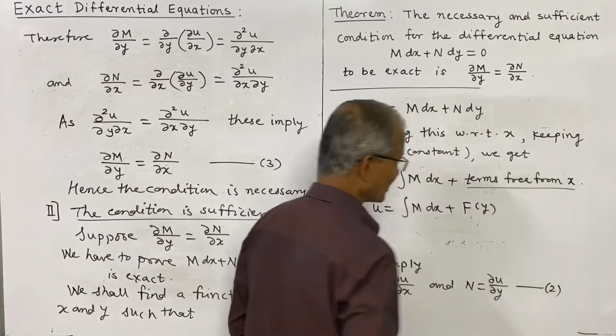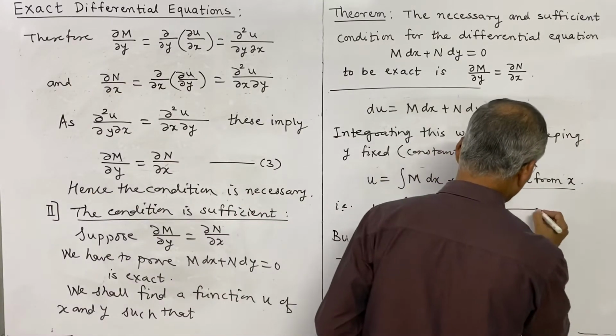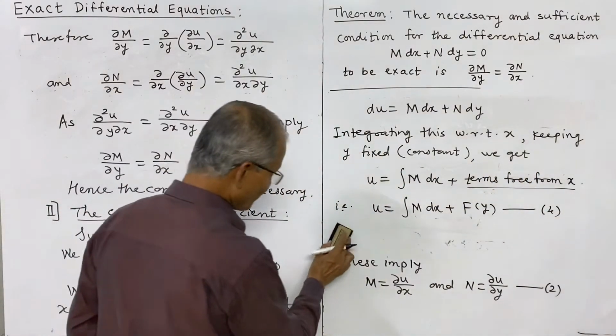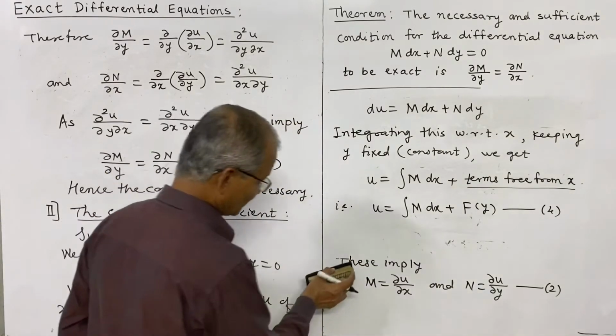We write that function as f of y, and we will call this our fourth equation. Now what we further do is differentiate this partially with respect to y.